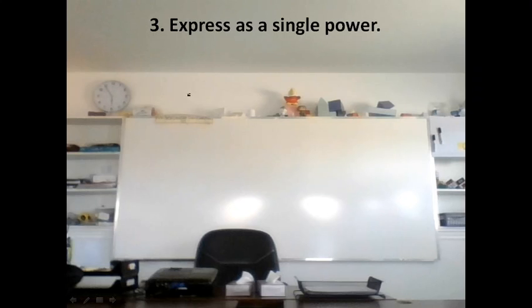For this one here, number 3, we're going to express these as single powers. When you multiply and divide 3 or more powers with the same base, you can rewrite them as a single power. So if you have 3 to the power of 2 times 3 to the power of 4 divided by 3 to the power of 3, you go from left to right.